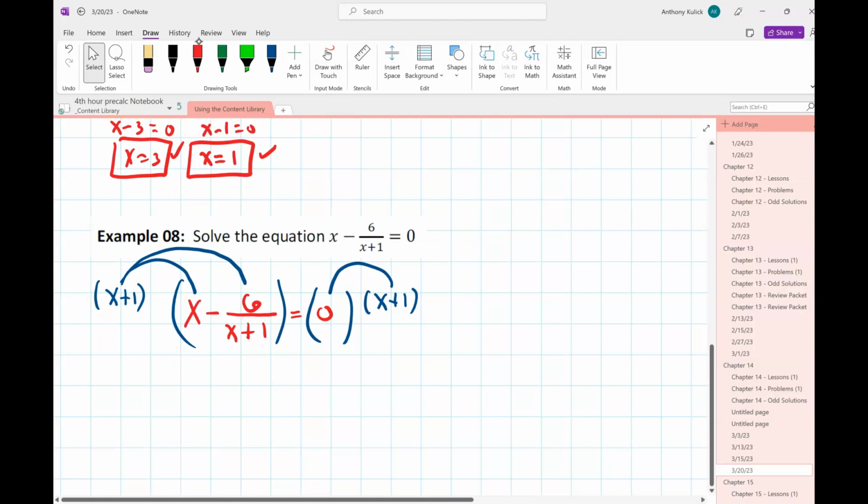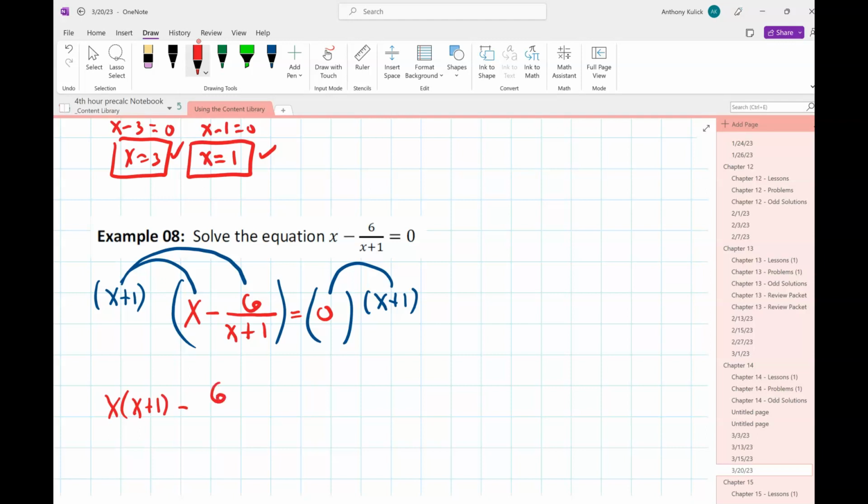Everybody okay? So far, so good. What do you notice about the fraction?